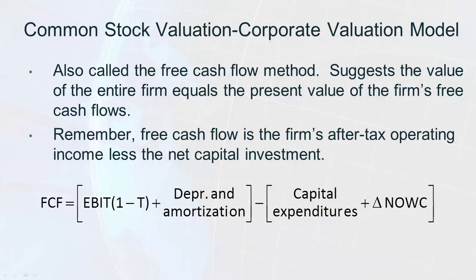This is the formula to compute free cash flow: EBIT times 1 minus tax rate, which is NOPAT, add depreciation and amortization, minus total capital expenditure, minus change in net working capital. That's going to give you free cash flow.